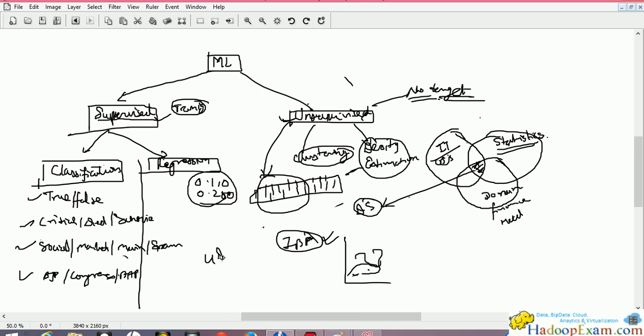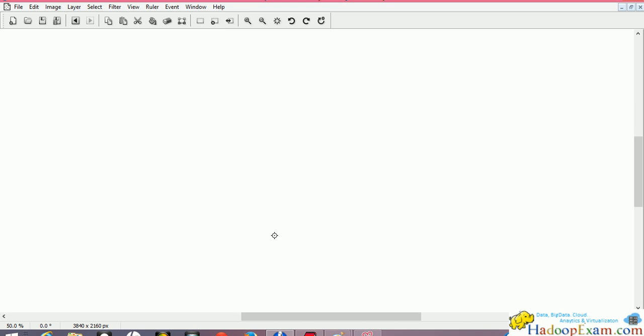You can draw a graph in 3D, 4D, maximum 5D. So if you reduce your dimensions, that is the best thing, but the correct result is expected. These are all examples of unsupervised learning, and we'll discuss them in a later session.